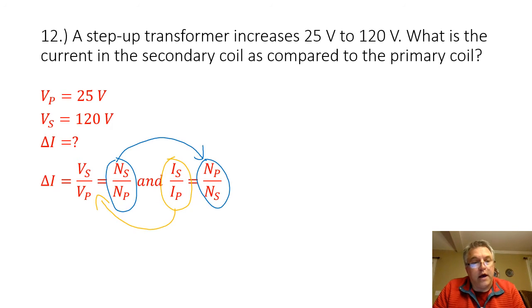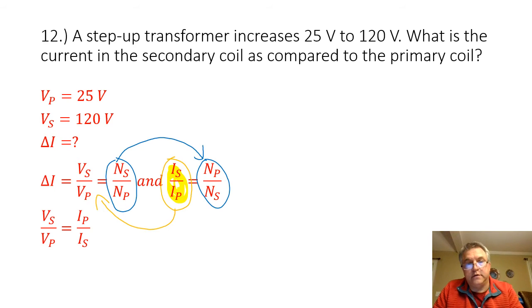And when I do that, I'm going to end up with Vs over Vp equals Ip over Is. So I'm essentially just taking this and swapping it for that. But when I do, I need to take the inverse of it or flip it over because I have the inverse right here. And I'm ending up looking at the comparison between my secondary current compared to my primary current.